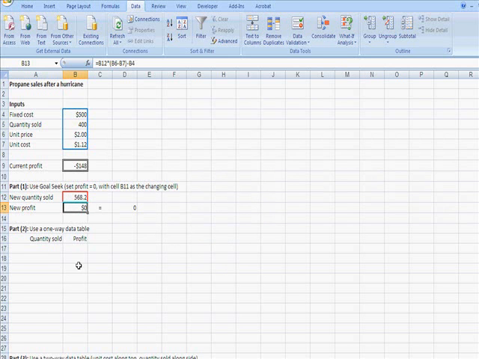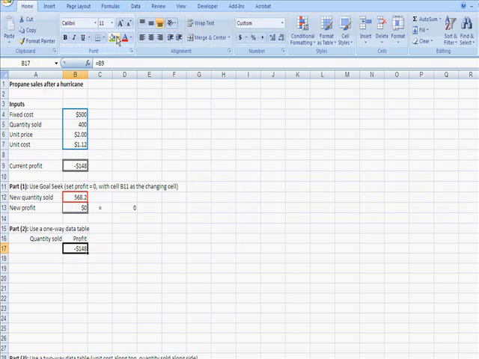Now we can also do a one-way table here by looking at the quantity sold, and we can set our equation here equal to B9. Let's actually color this in a little bit, and let's look at different quantities.